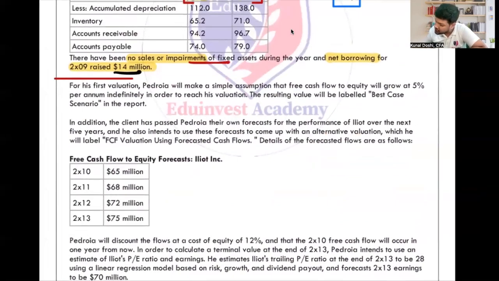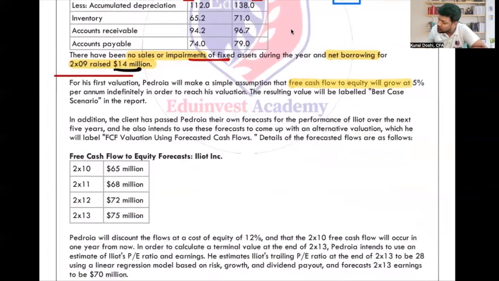For his first valuation, this guy will make a simple assumption that the free cash flow to equity will grow at 5% per annum indefinitely. Understood? And then the resulting value will be labeled as best case scenario.